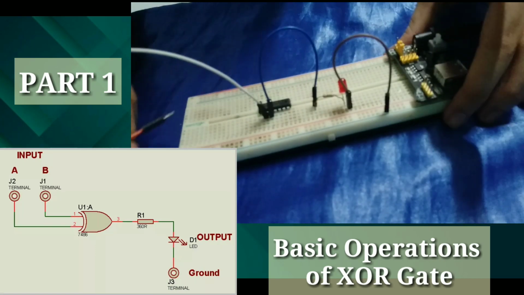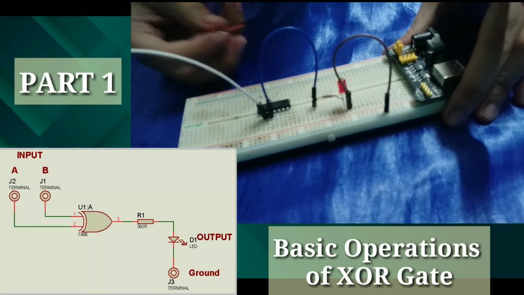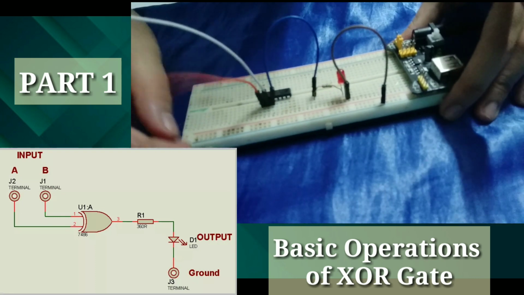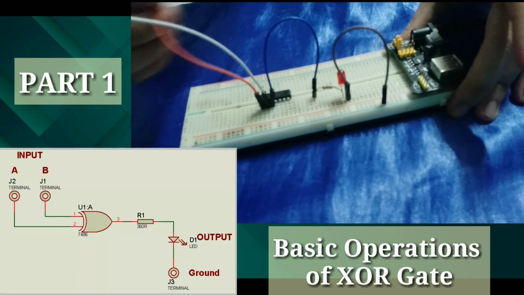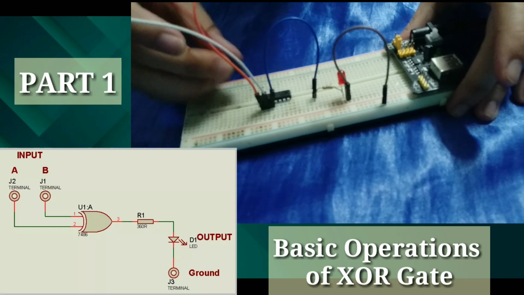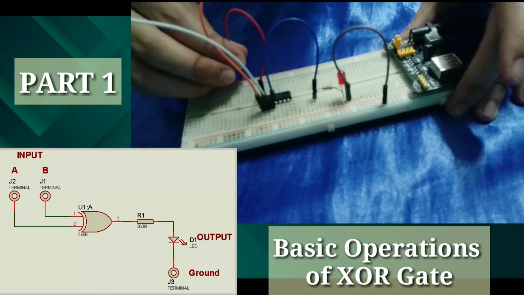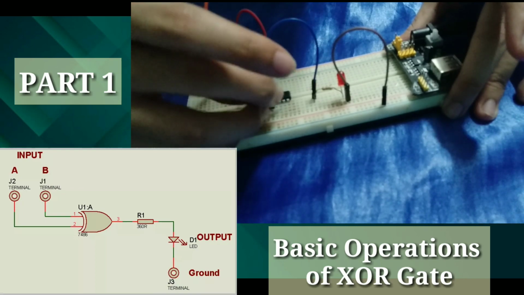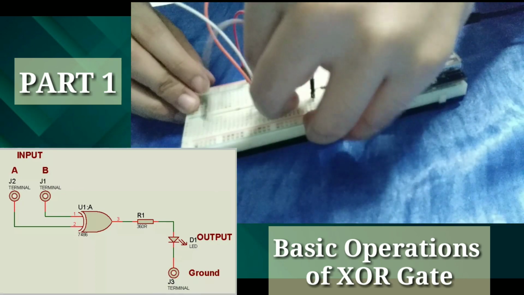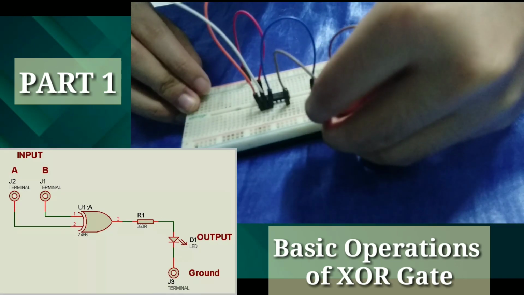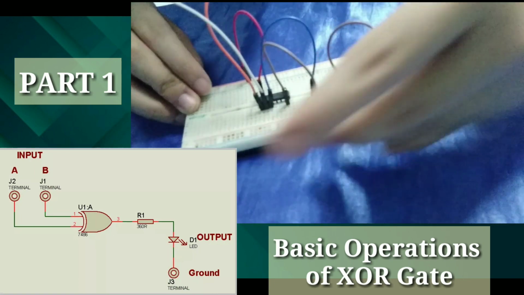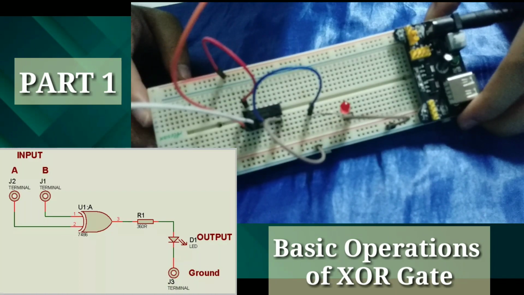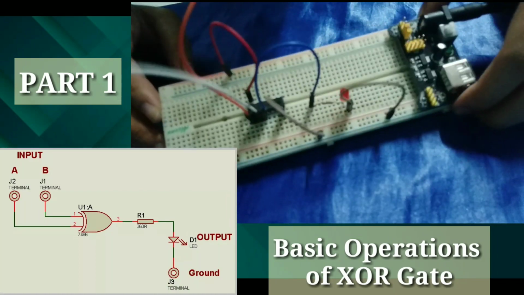And our input B, which will be our orange wire, will be connected to the second pin of our XOR gate. And now, let's not forget our VCC connection here, and of course, the grounding of our integrated circuit. That is really important. Do not forget it. And with all of those connections, this will be our part 1 circuit.